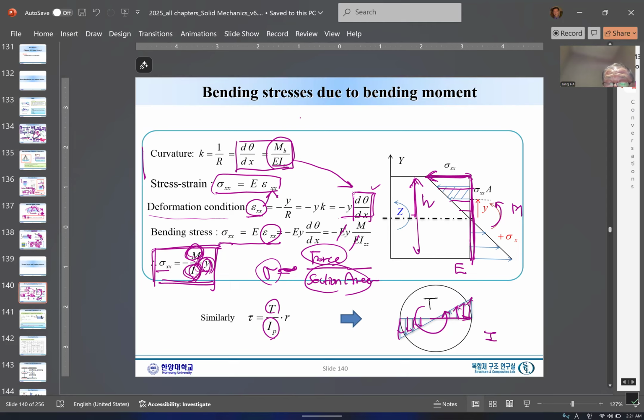Polar moment of inertia is simply given by r squared dA, and there is an R there. So as you can see, there is a very clear analogy between these stresses. This is a bending moment, this is a torsion, this is a polar moment, and y, and this is an R.